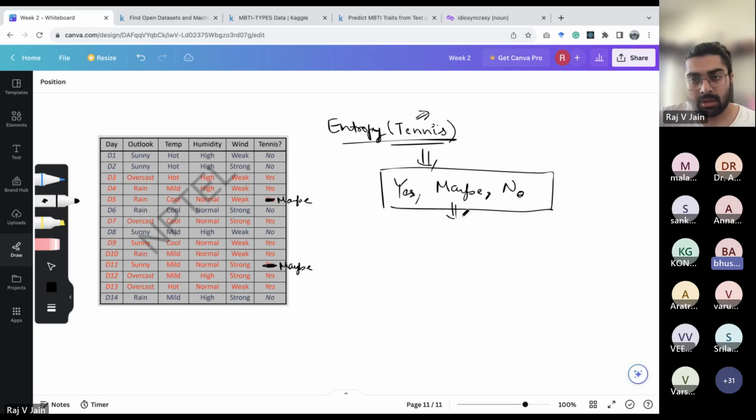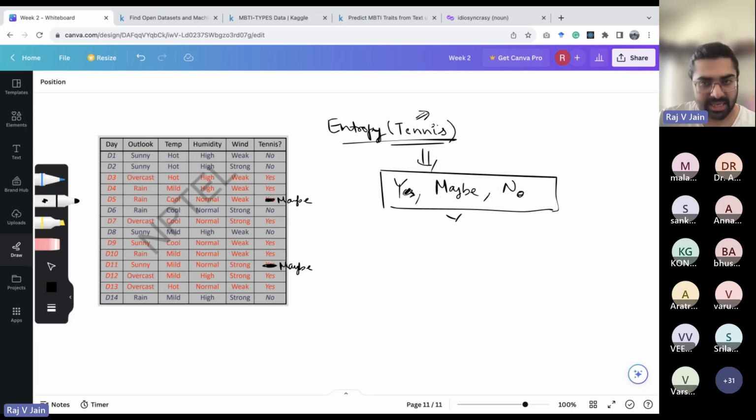Say 0.5, maybe it can happen, maybe not? No, the idea here is the random variable can take these three values: yes, maybe, or no. Now I want to know the entropy of this random variable.